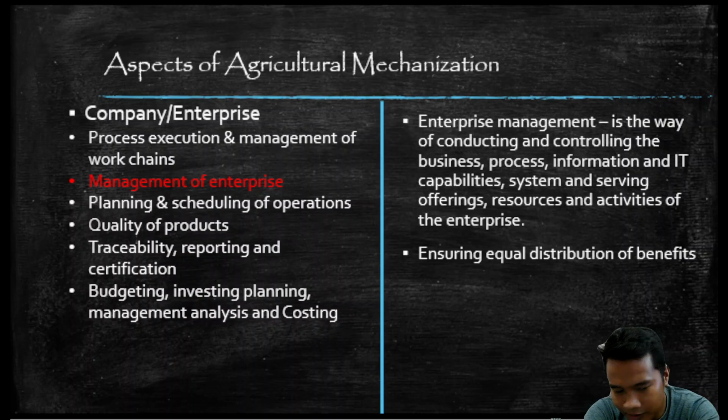The enterprise of machinery plays a significant role in the dissemination and the supply of machinery. Okay. They are the ones responsible in delivering different machineries to the different parts of the country, for example. So, the company or the enterprise management is very important for this.